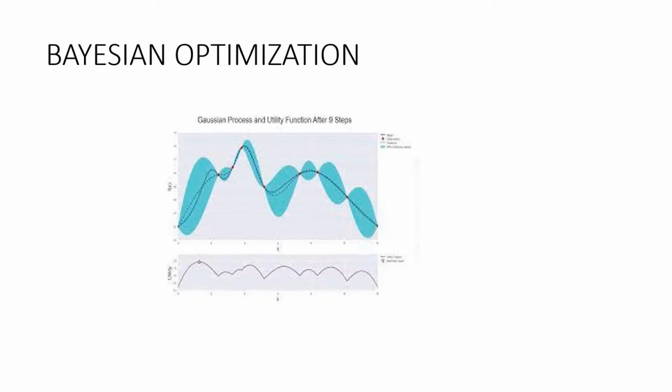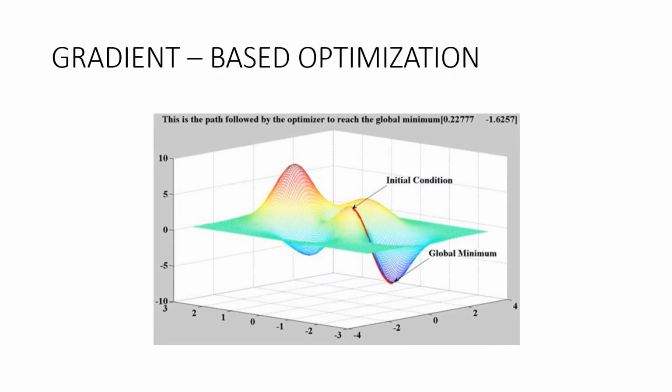Gradient-based optimization. It is specially used in the case of neural networks. It computes the gradient with respect to hyperparameters and optimizes them using the gradient descent algorithm. The calculation of the gradient is the least of problems, at least in times of advanced automatic differentiation software.